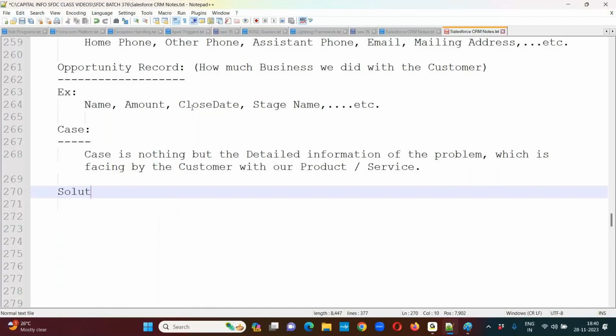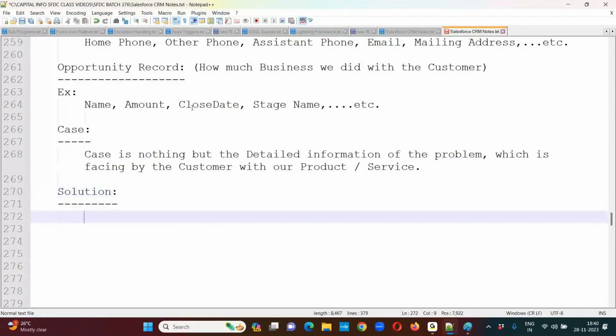So we are providing solution. What do you mean by solution? Solution is nothing but the detailed information of the resolution of the case. Whatever the complaint has been raised by the customer, in order to fix that problem, whatever the step-by-step approach we used to follow, that step-by-step approach is called as the solution here.